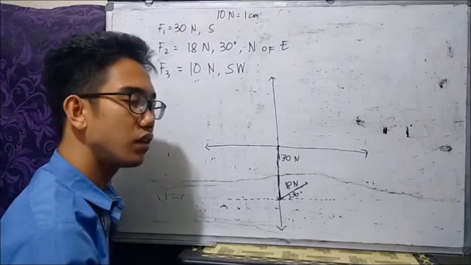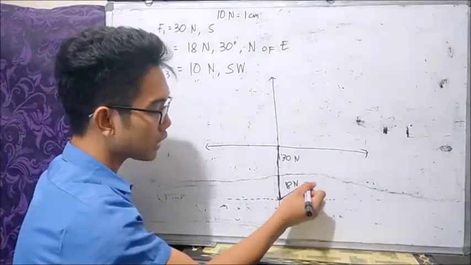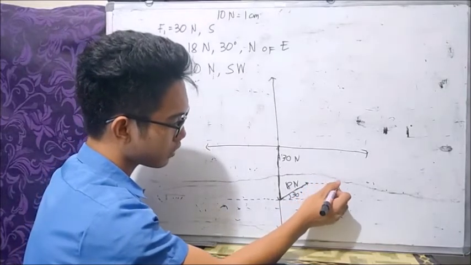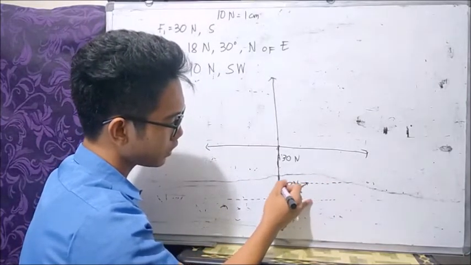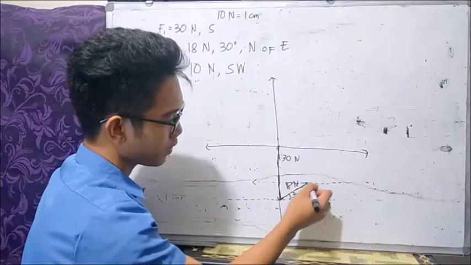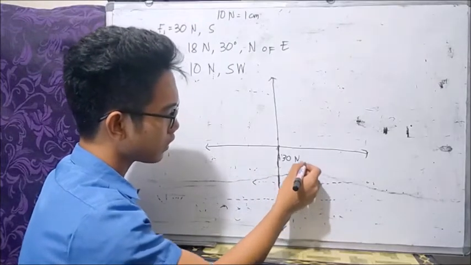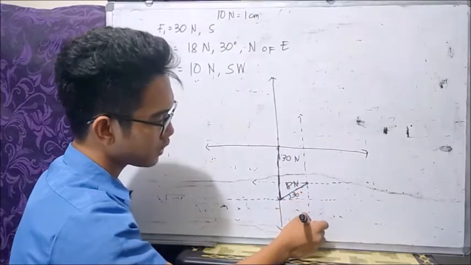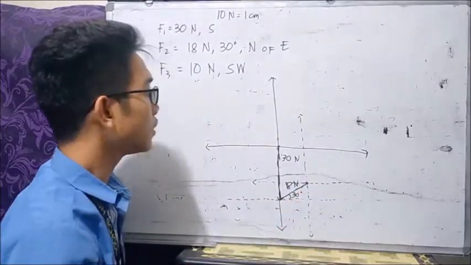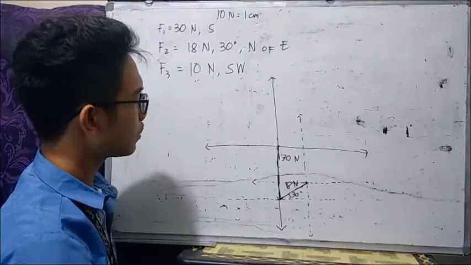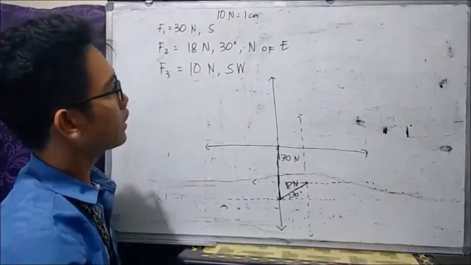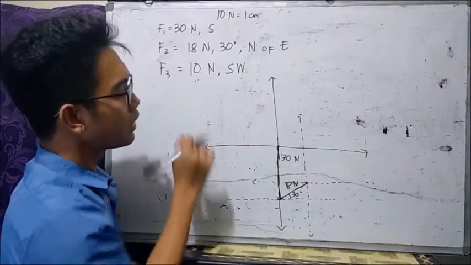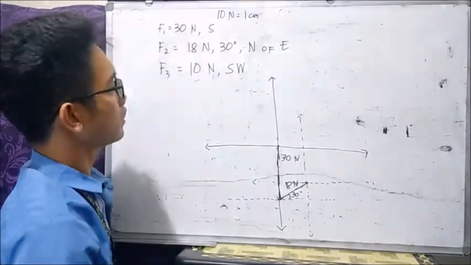centimeters. Okay, and then what you're going to do is to draw another Cartesian plane at the tip of your third vector. Just make sure that this is dashed, because you will connect your final vector to your origin. Okay, next, the last one is 10 Newton southwest.